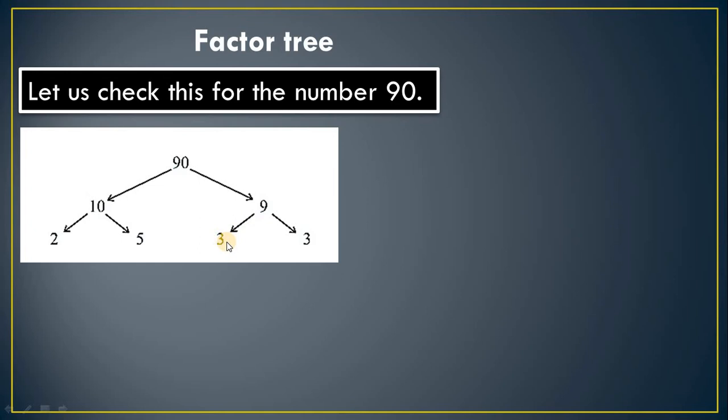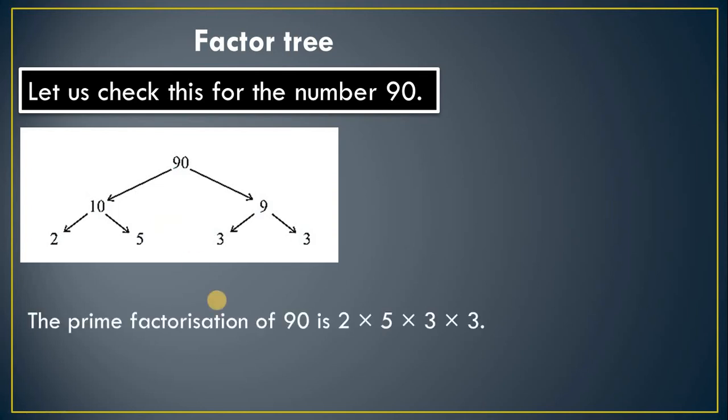This is one more way of doing the prime factorization, and most students prefer this method. It is in a diagrammatic way and easy to solve. So the prime factorization of 90 is 2 into 5 into 3 into 3. Whatever numbers you get at the end of this tree diagram, you have to write them, and you have to use the multiplication sign.